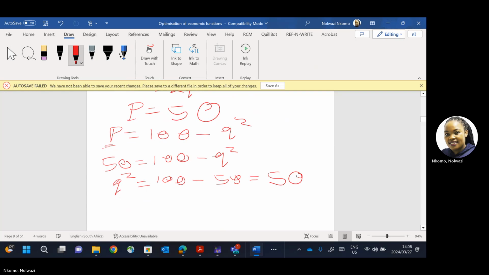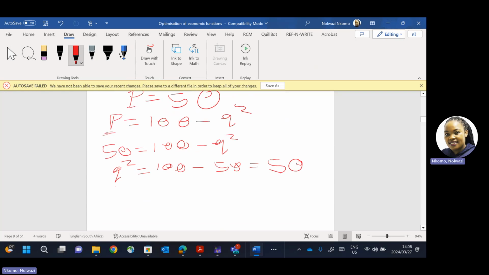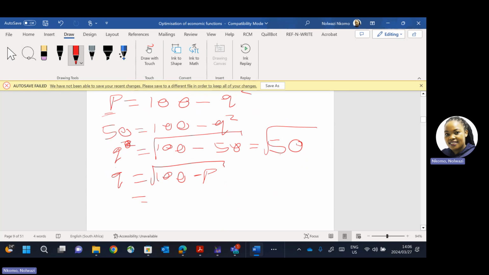And then if you take the square root on both sides, you will have Q equals the square root of 50.